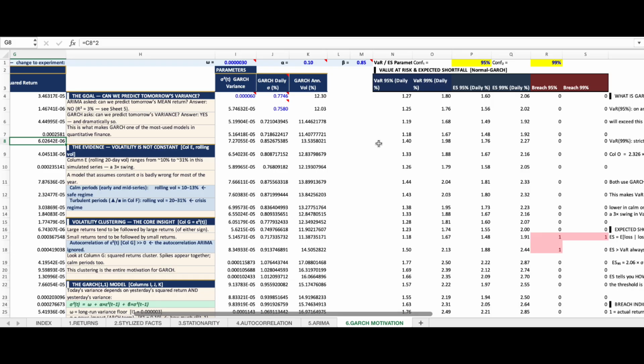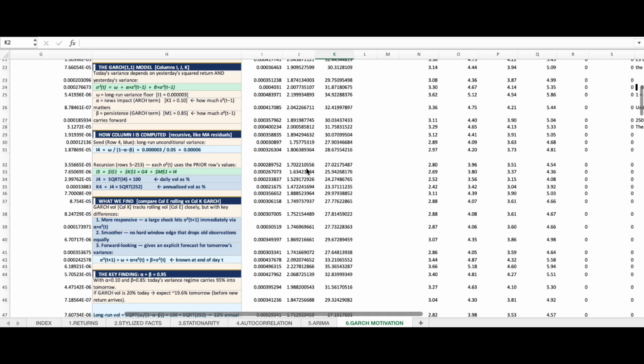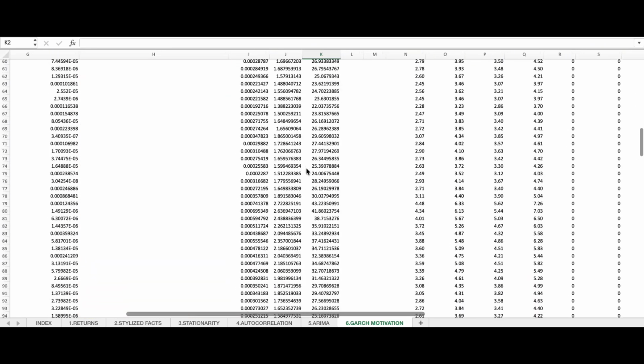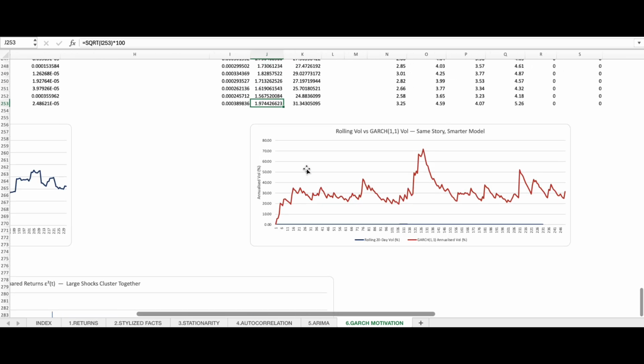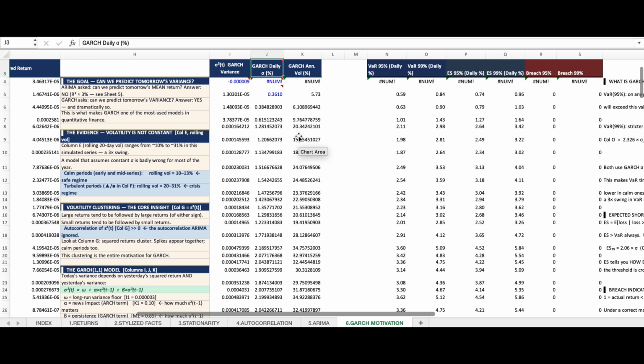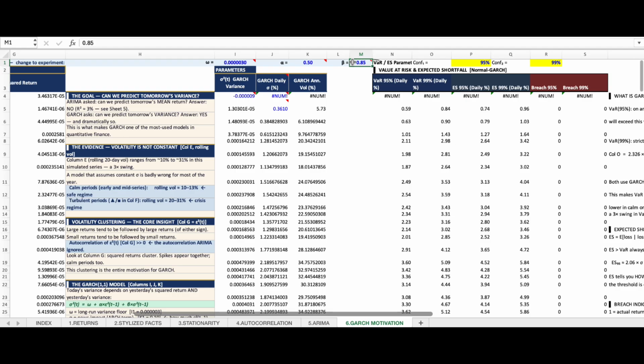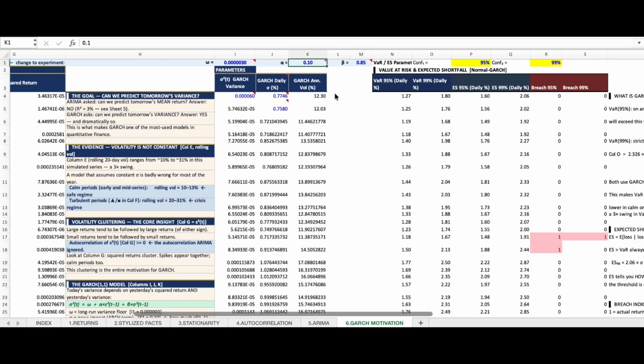So if you try changing alpha or beta in the parameter cells, you observe some changes. When you increase alpha, the GARCH variance becomes more reactive to recent shocks. When you increase beta, it becomes more persistent and smoother. And this is built into that equation. So the parameters tell the model how to weigh today's news versus the history.